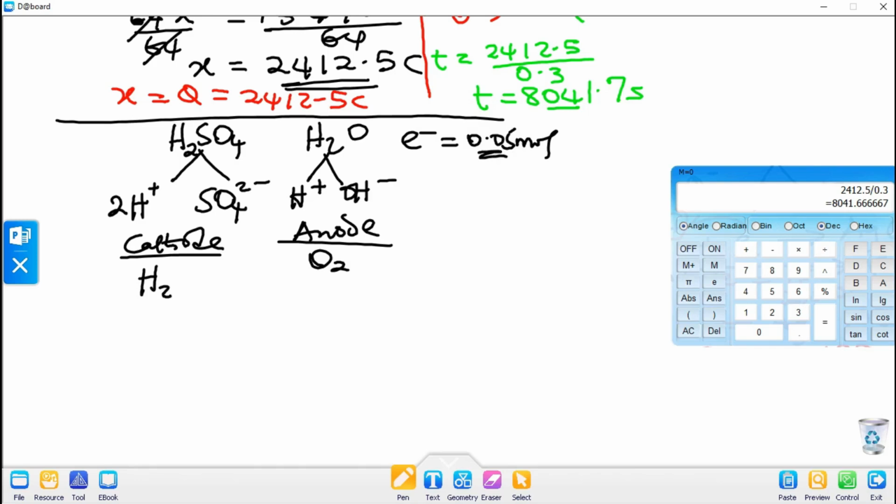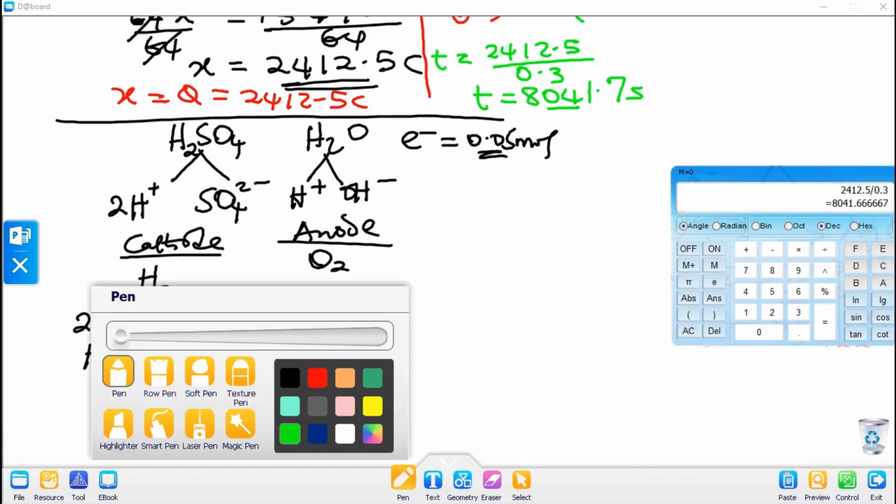Now for hydrogen, we know that since it has to do with 2 ions, then for hydrogen to be liberated at the cathode, it will need 2 electrons to be liberated as hydrogen atom. And hydrogen atoms now combine with other hydrogen atoms to give us hydrogen molecule. So what it simply means is that 2 moles of electrons led to the deposition of 1 mole of hydrogen. That is 2 Faradays liberated 1 mole of hydrogen. That's just what it simply implies.